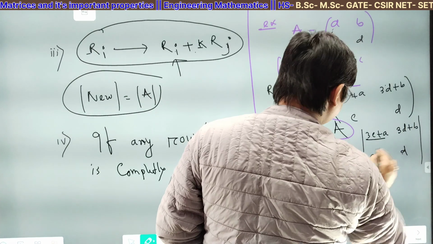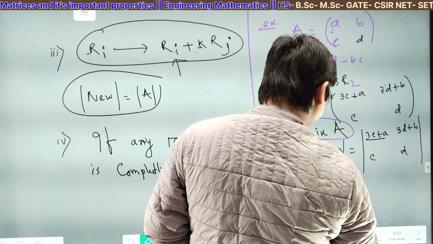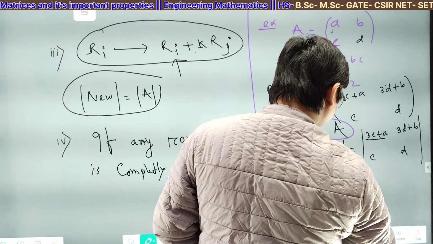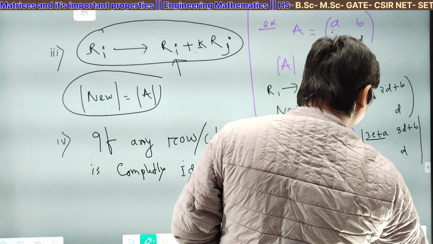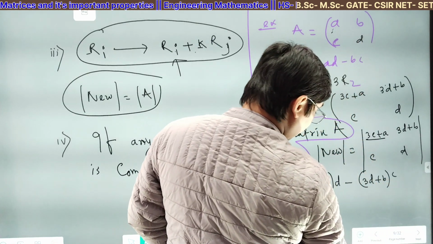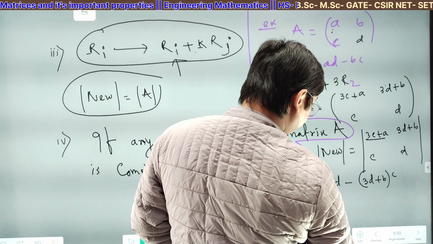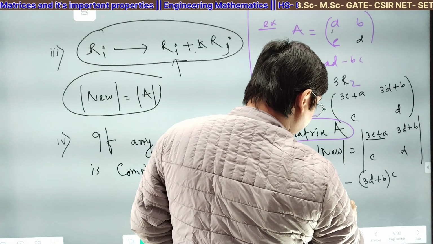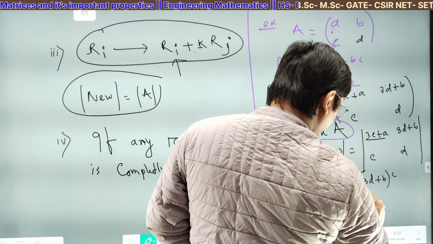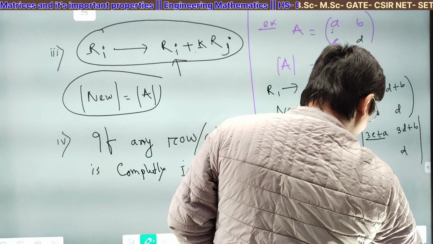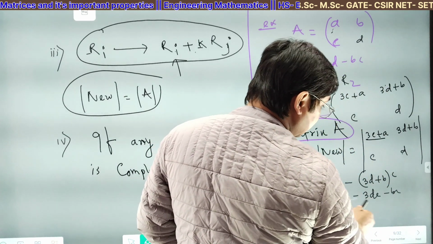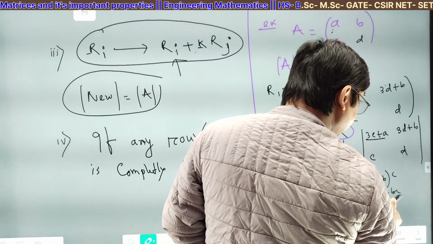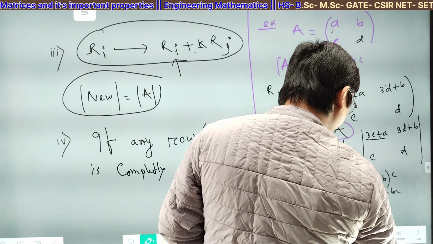So now we take the product: 3c plus a into d, minus 3d plus b into c. So you get 3cd plus ad minus 3dc minus bc. You see this 3cd and 3dc are the same thing, so these two will be cancelled.